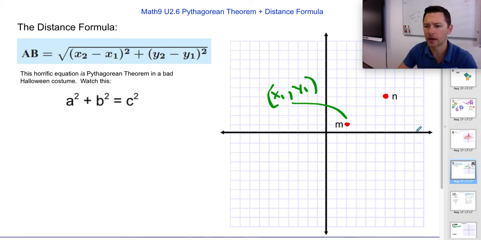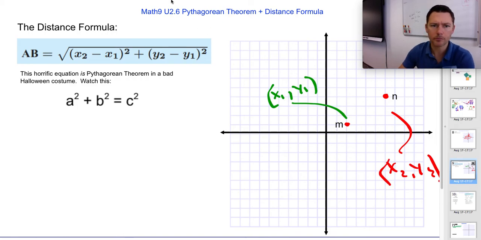x2 comma y2. So if you're going from here to here, you're trying to find the distance between m and n. One way to do that is a squared plus b squared equals c squared.